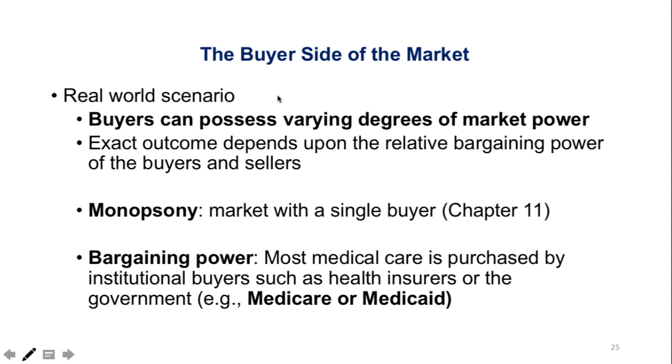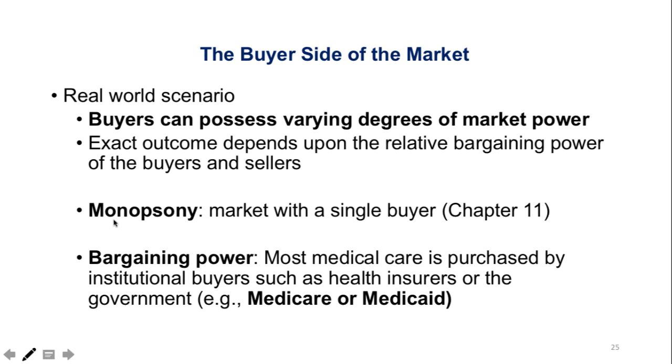Now, let's see the buyer side of the market. Also, we have to briefly talk about that. In the real world, buyers can also possess varied degrees of market power. For example, they can have bargaining power.